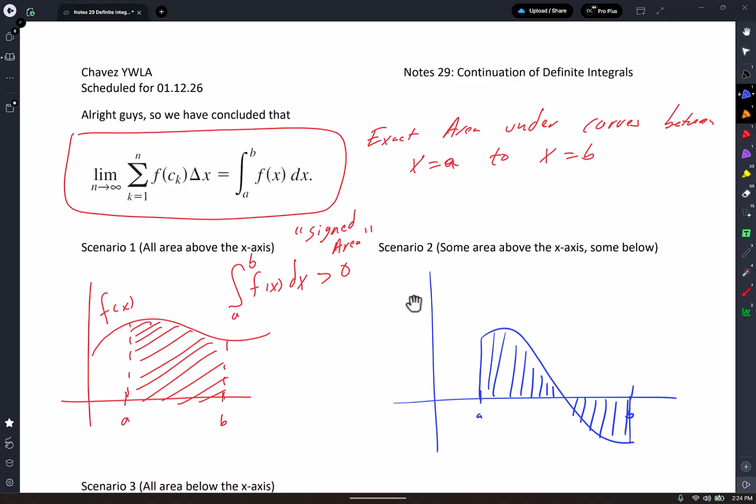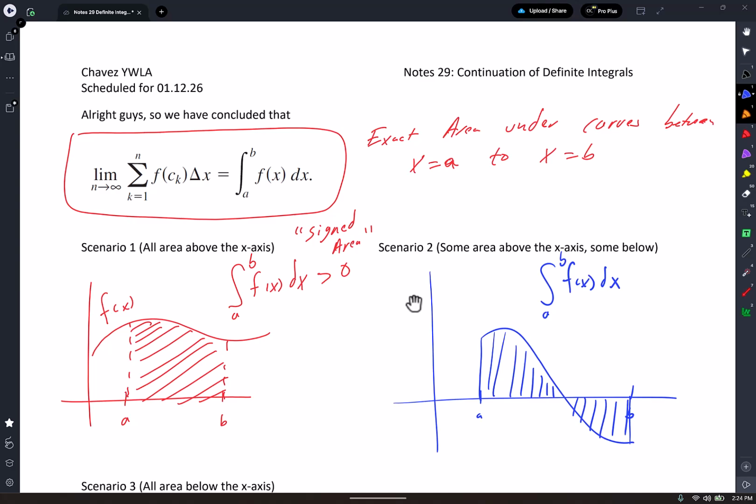The integral is positive. This integral from a to b of f of x dx. If there's more area below the x-axis than above, then the signed area would be, what do you think? Yes. If there's more area below the x-axis than above, then my integral would be negative.